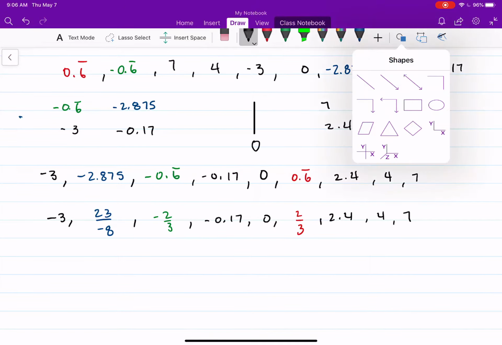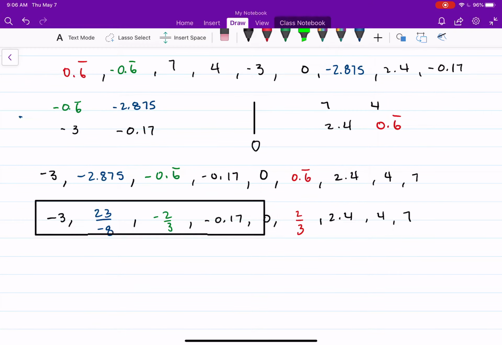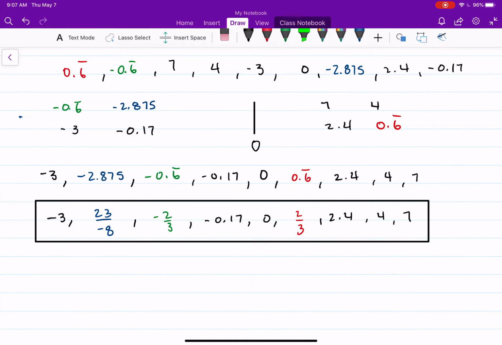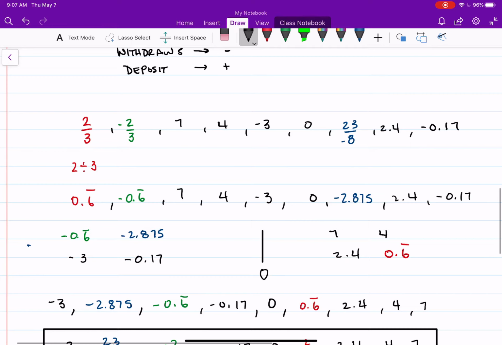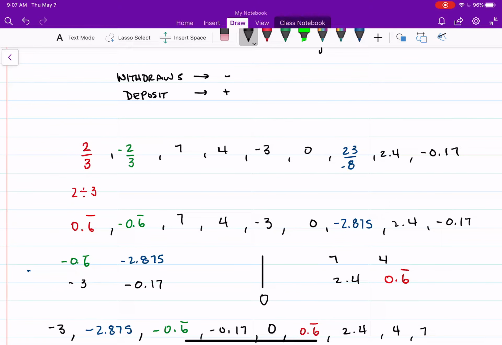So this right here would be my answer if I were to put these numbers in order. And then I still need to talk about absolute values.